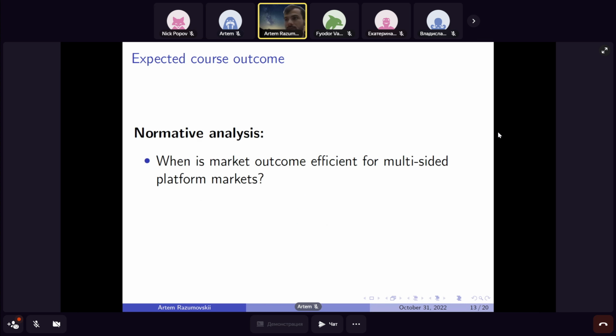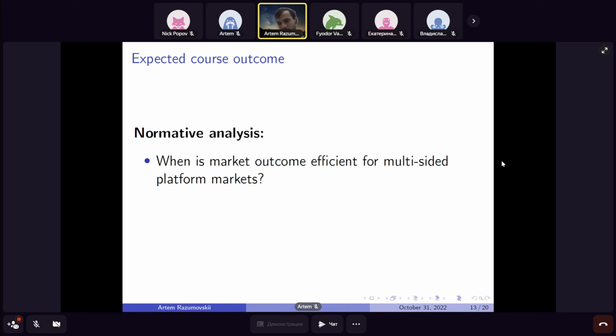As well, we will discuss some normative analysis, how to regulate the platforms and these two-sided markets. That's a bit connected to our discussion about welfare theorems.